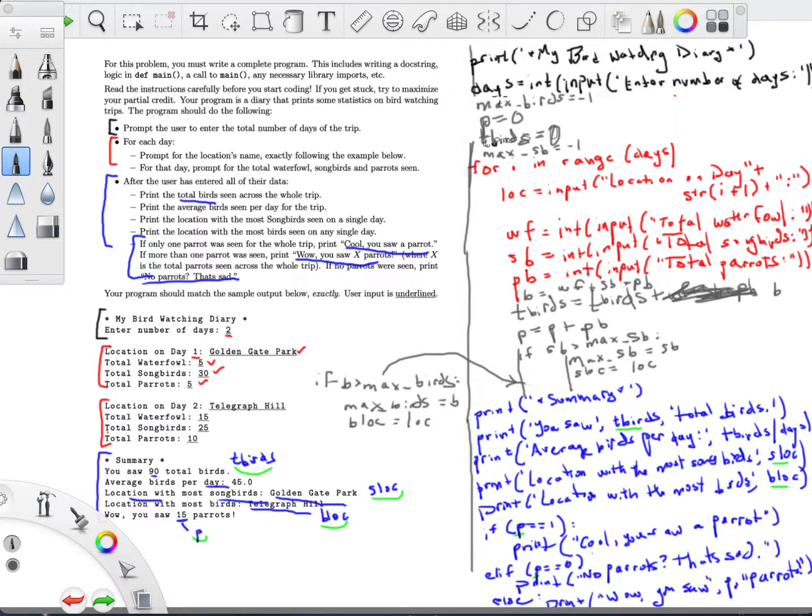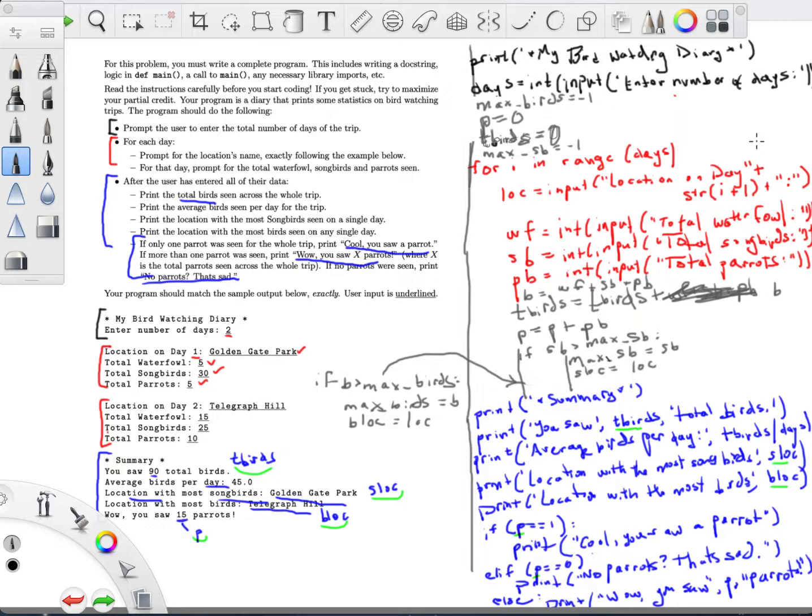The tricky things in this problem: tracking the max is pretty straightforward. Tracking the location associated with the max is very straightforward. It's something we've practiced. Figuring out how to get this customized input is maybe a little tricky, although we've practiced it, so it's pretty straightforward too.